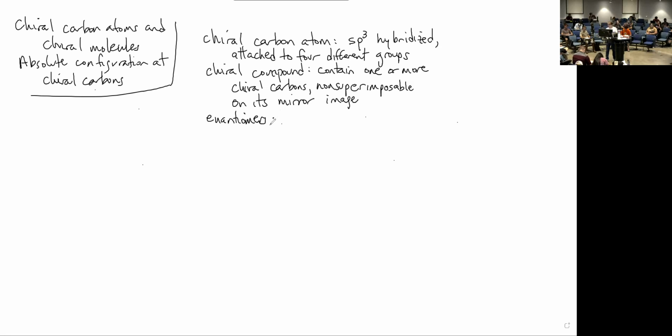Enantiomers are a kind of stereoisomers. I'll always write down what I say, but let me get it out of my mouth first. So enantiomers are stereoisomers that are non-superimposable mirror images.